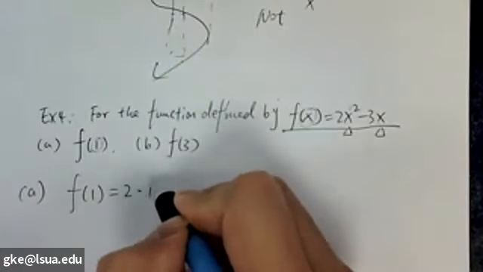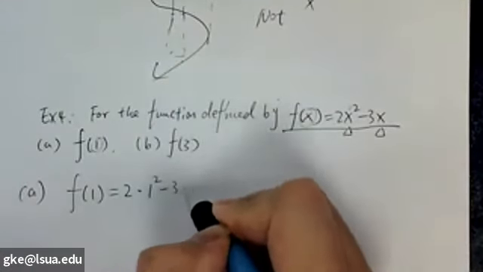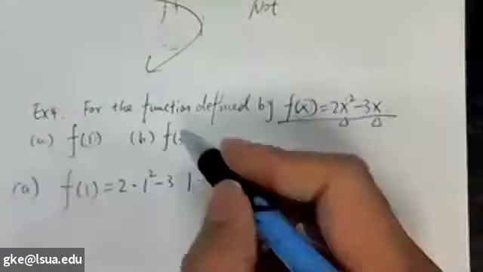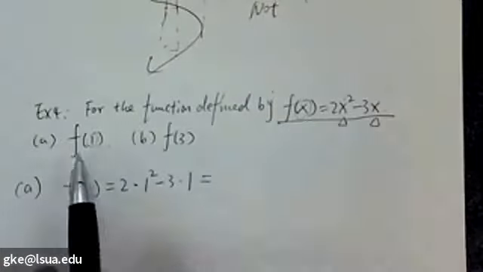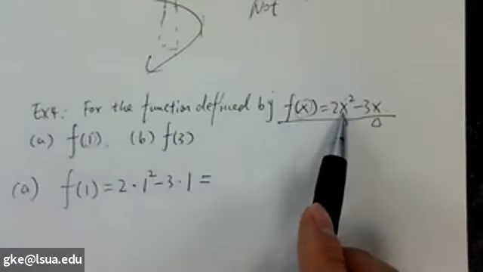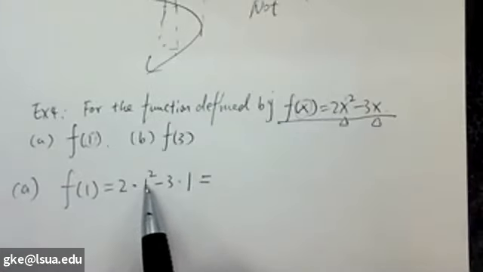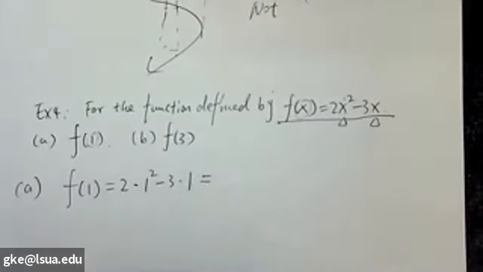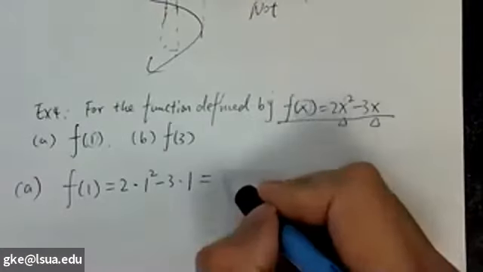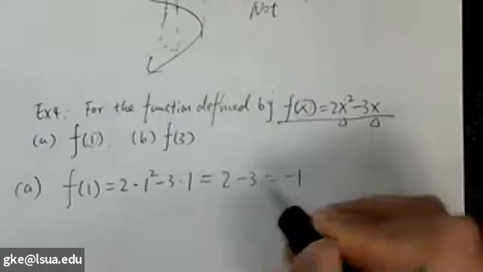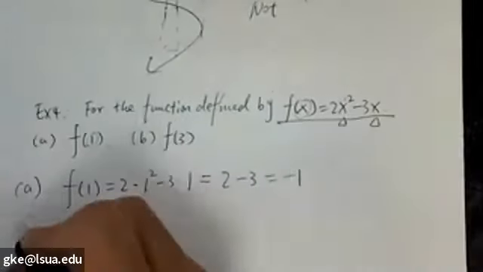So 2 times 1 squared minus 3 times 1, and we can simplify it. Replace this x by 1, replace this x by 1. So 2 times 1 squared minus 3 times 1, okay? So 1 squared, 2 minus 3, negative 1, okay?